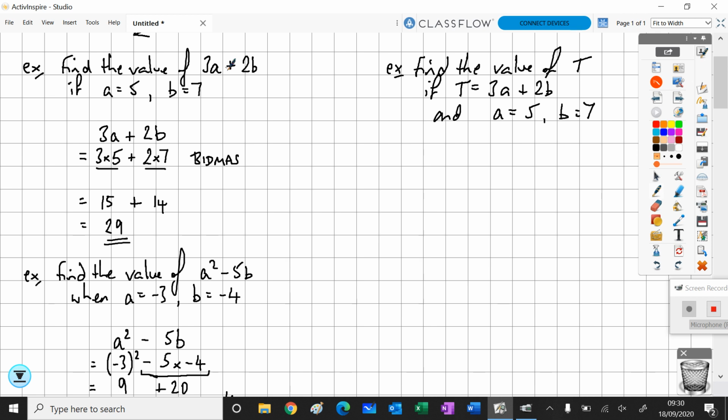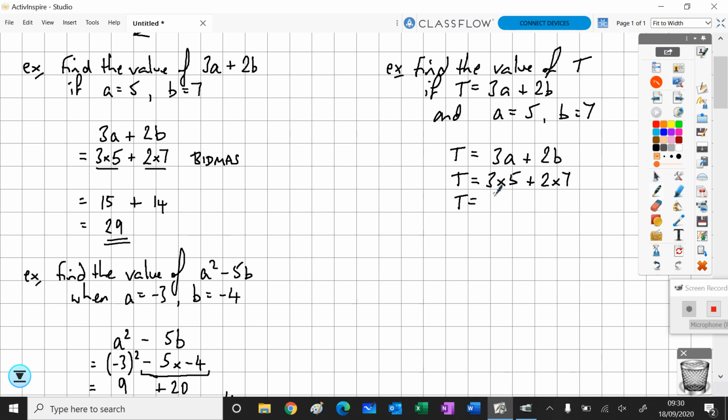Copy down the algebra that you've been told to work with. Copy down everything underneath where it belongs. But that now includes this capital T. It's going to get copied straight down to there. We don't put an equals on the left-hand side because we now have an equals running down the middle of the formula.